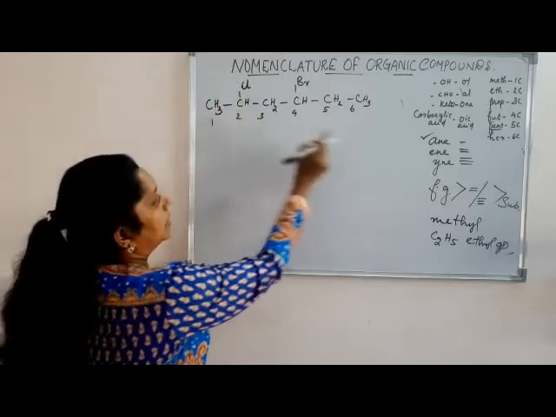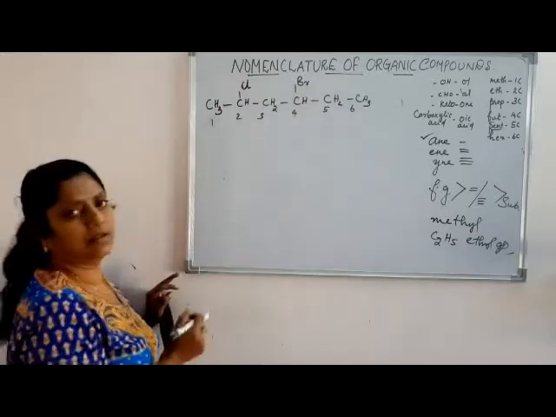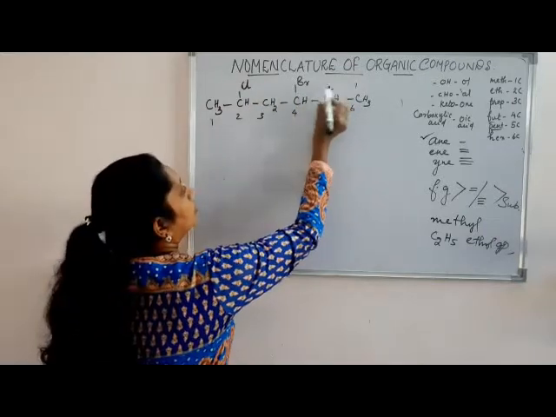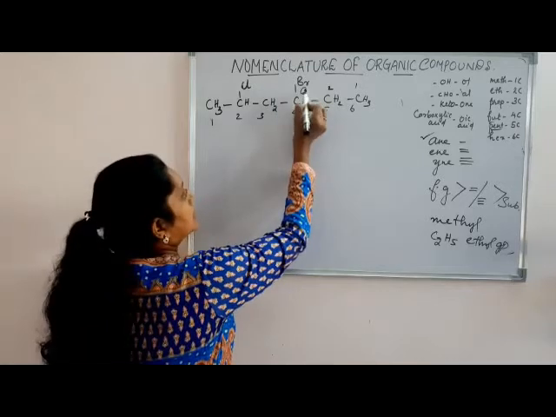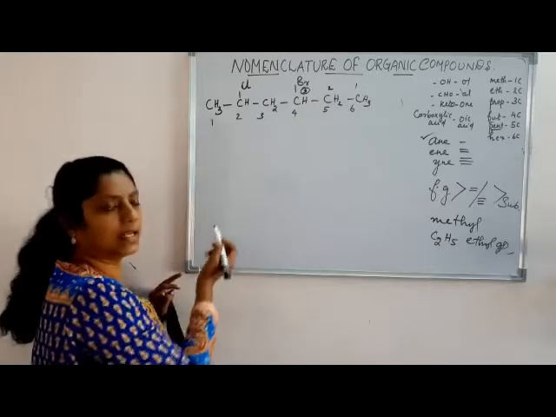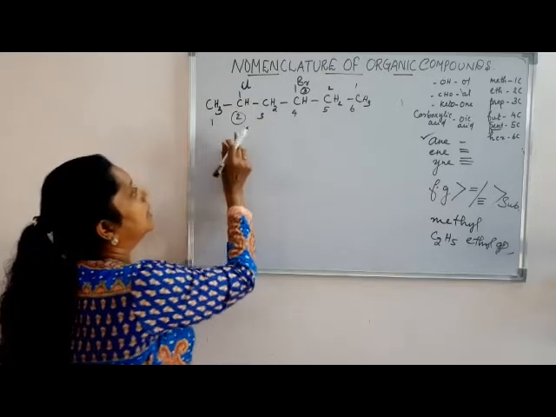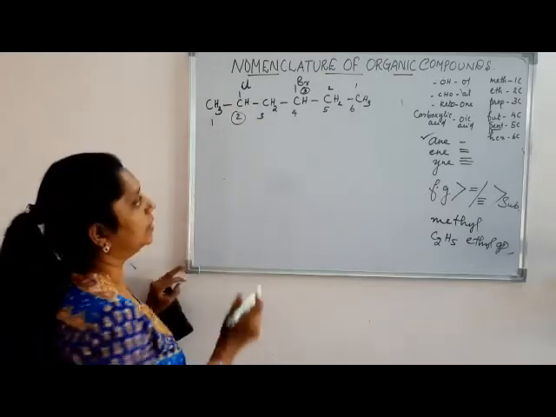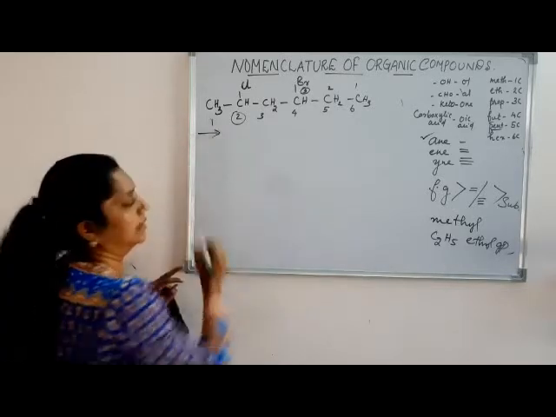If we are numbering from the backward direction, then 1, 2 and 3, the first substituent would be in the 3rd position. If we are numbering from this side, this chlorine atom, the first substituent, is in the 2nd position. So the correct way of numbering is in the forward direction.